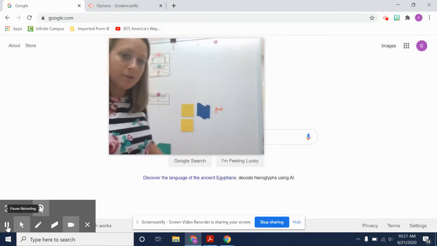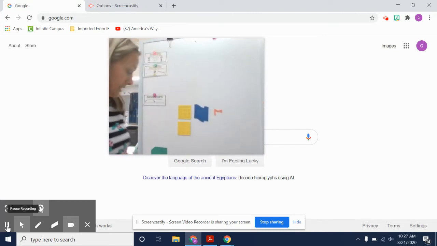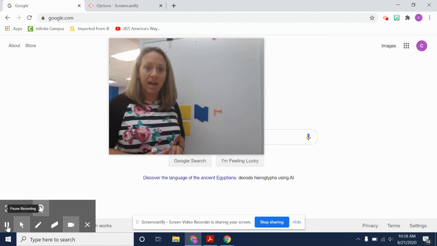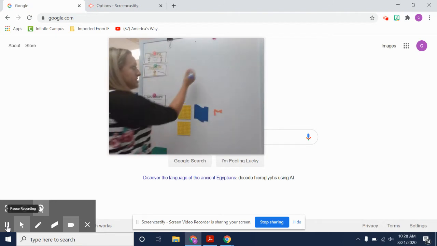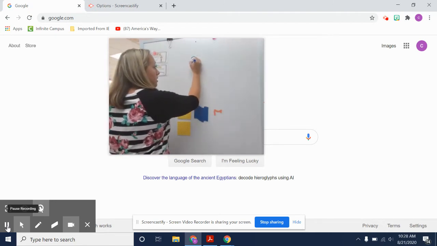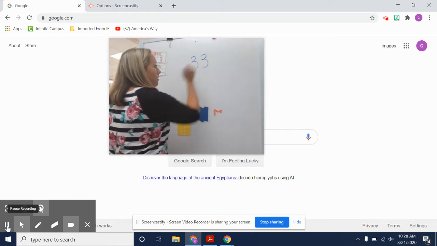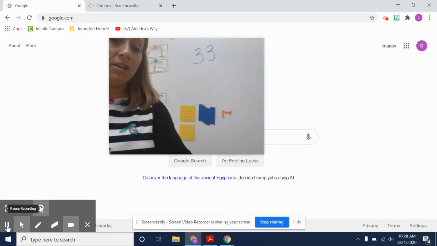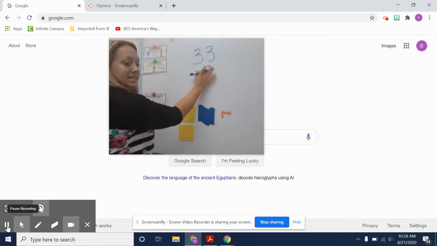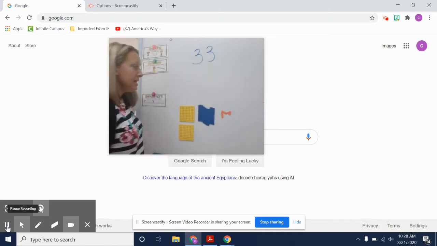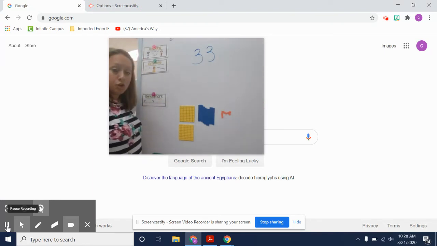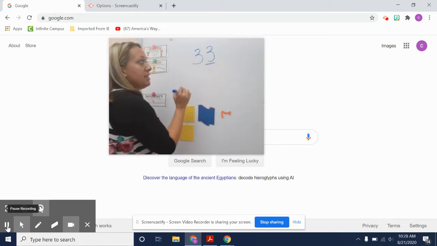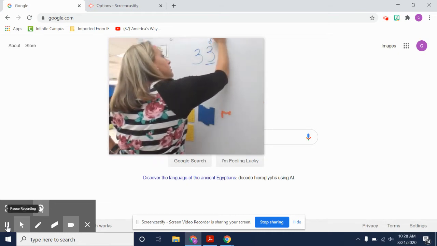All right, let's practice a little bit. So if I give you a number, see if you can draw out the physical representation using these, okay? So the first number that we're going to practice with is 33. First of all, we need to figure out the place for each of these digits. Now, if you look back at the chart that you drew, you know that the first digit to this side is going to be the ones place.